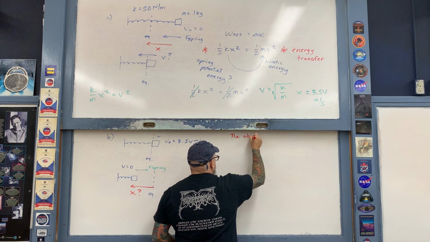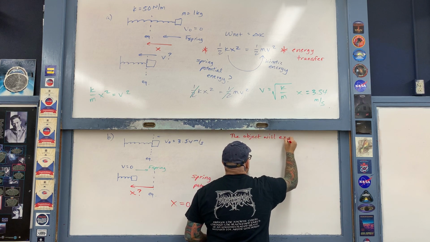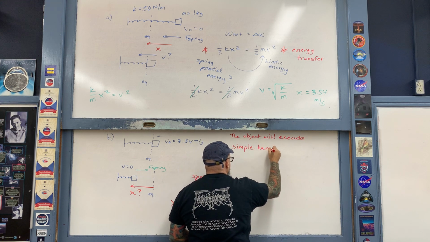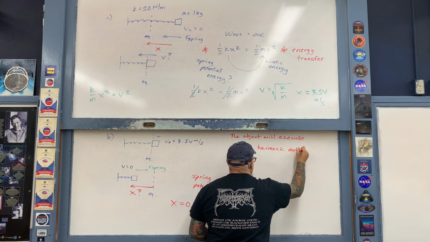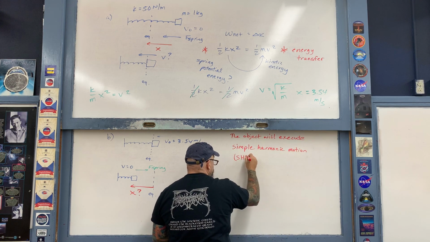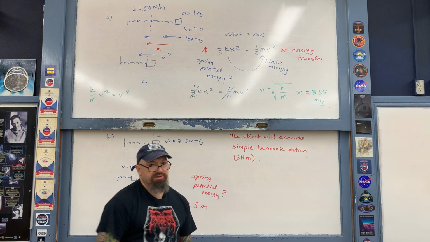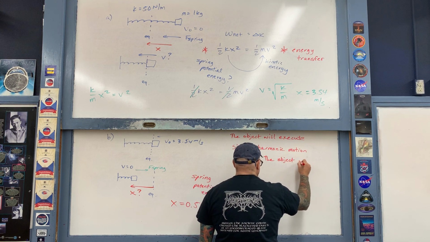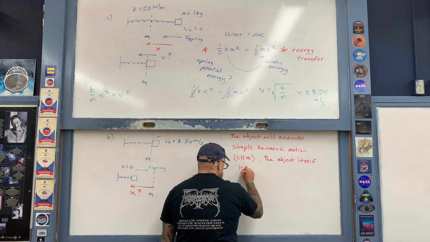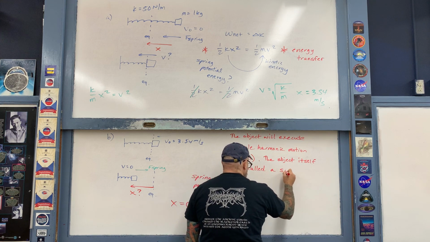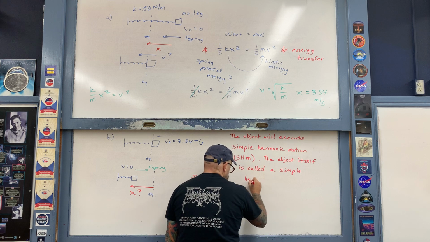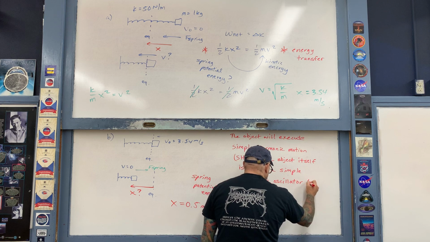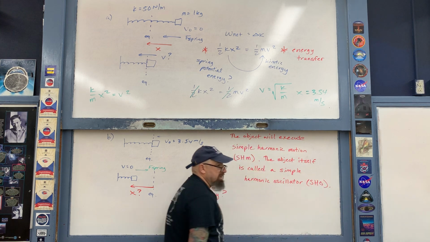So the object will execute, or undergo, what's called simple harmonic motion, which is abbreviated, by the way, as SHM, and the object itself is called a simple harmonic oscillator, which is abbreviated as SHO.